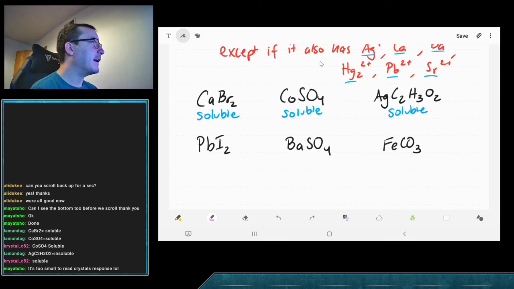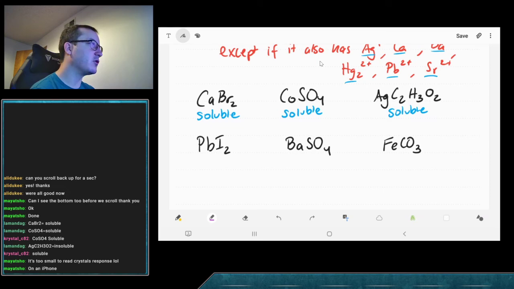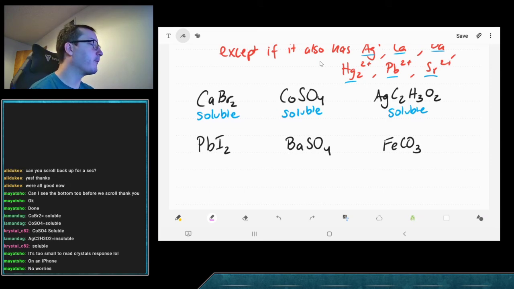Okay. Maybe you can try zooming in. All she said was soluble.